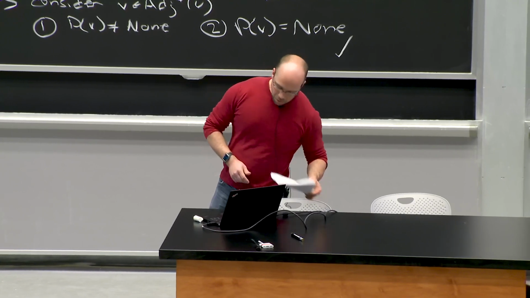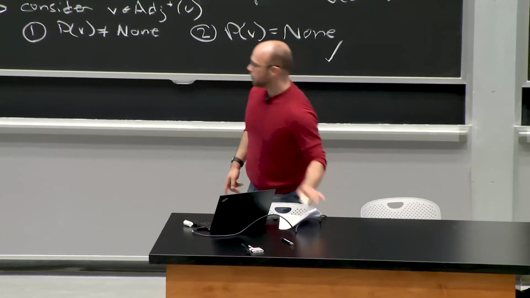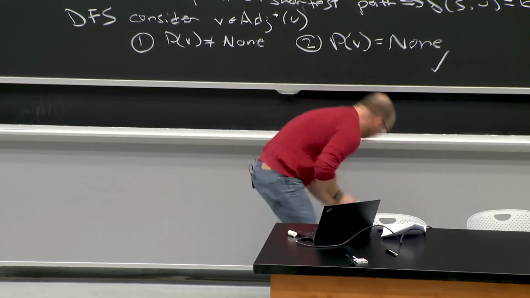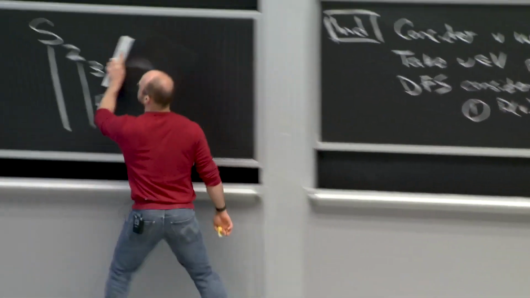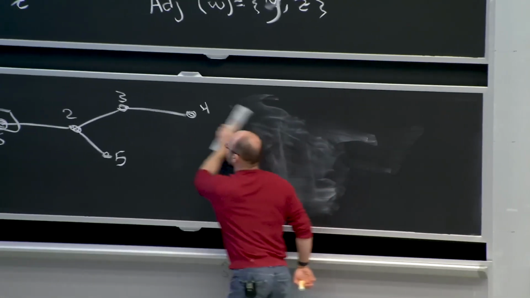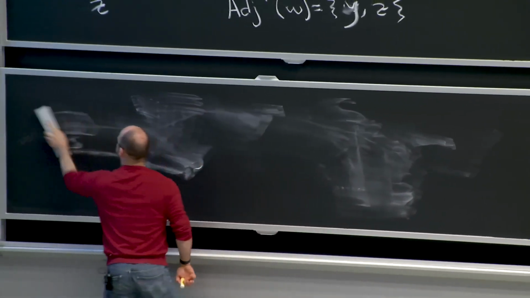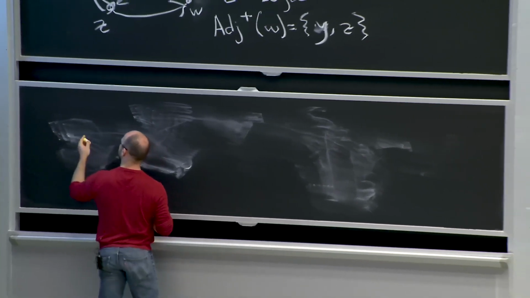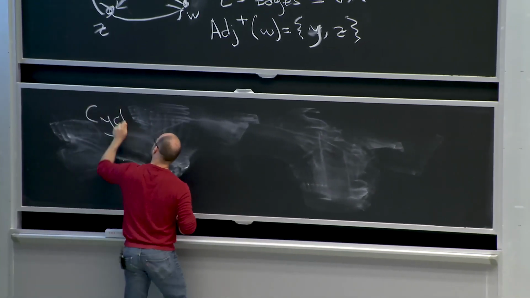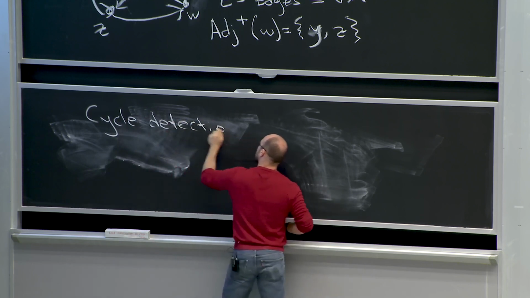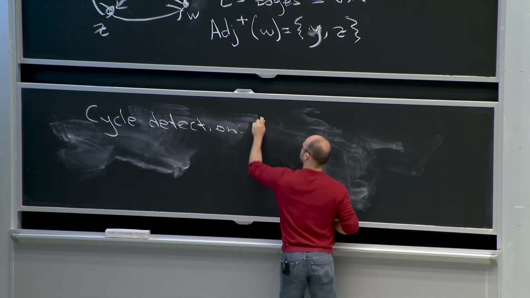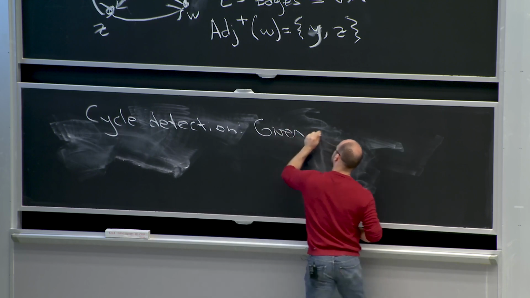So we're going to conclude with one final problem, which I don't have a slide on, but that's okay. And that's cycle detection. There's a bit of an exercise left to the reader here. So the problem that we're looking for now is that we're given a directed graph.